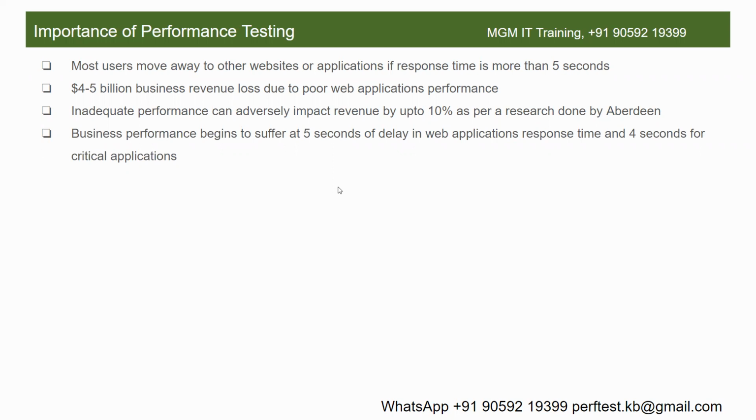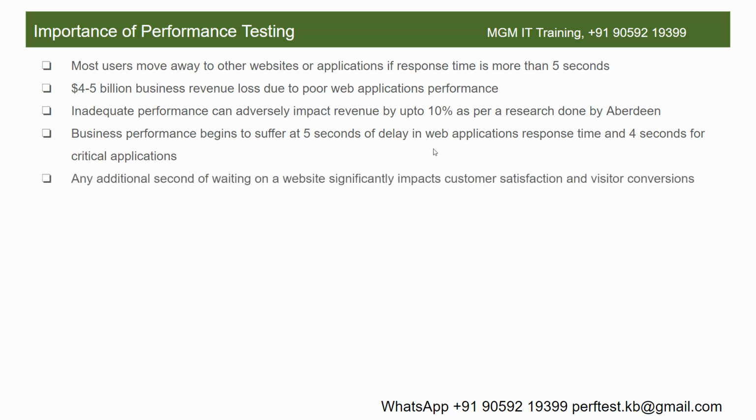For any web application, response time should not be more than 5 seconds, or for critical applications, not more than 4 seconds. Once it crosses these values, your business will start suffering because of the poor web application performance, right?